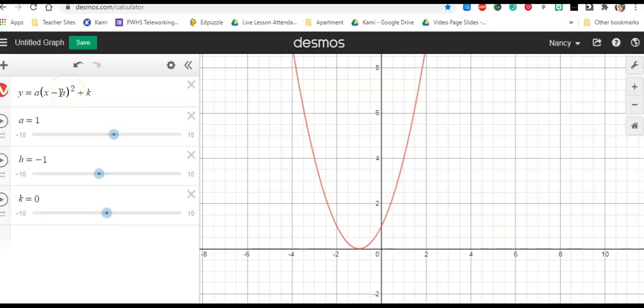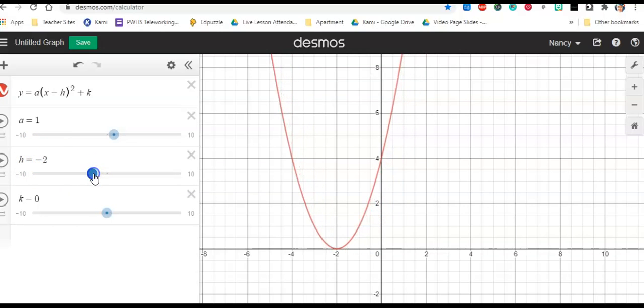So as I make my h move to negative 2, it's going to move further to the left. X minus negative 2 would read up here in parentheses x plus 2. So what it looks like is it's moving in the opposite direction. Let me bring this back to a 0.